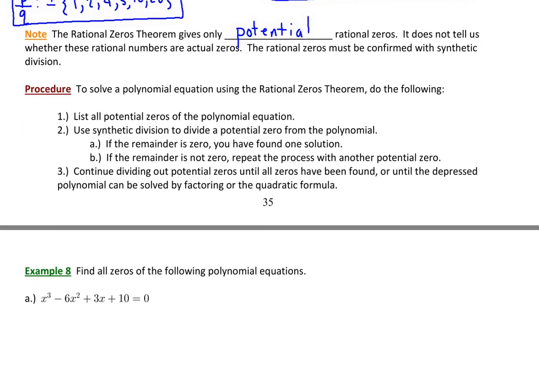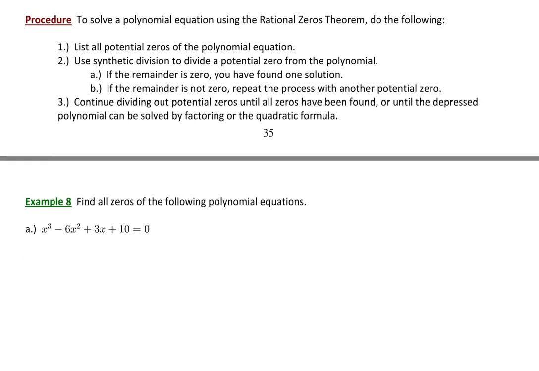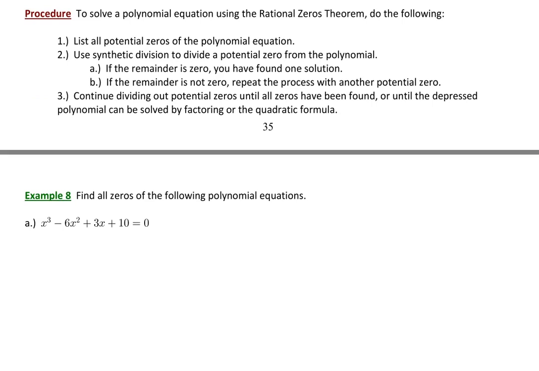To solve a polynomial equation using the rational zeros theorem, do the following. Number 1, list all potential rational zeros of the polynomial equation. That is, form all of the possible combinations P over Q. Then I'm going to take each zero and test it with synthetic division. I'm looking for a remainder of 0. If I get a remainder of 0, I have found a solution.